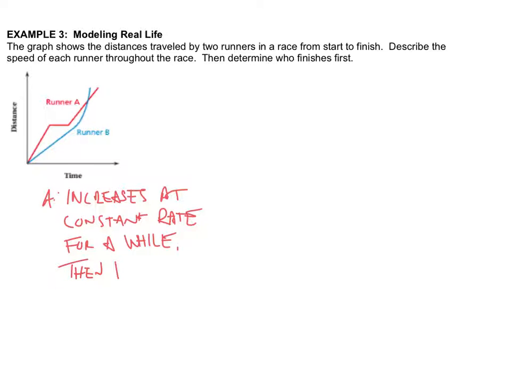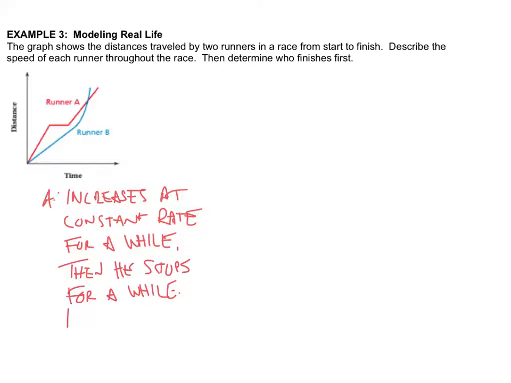Then, I'm putting he, but it could be she, it could be anybody. Then he stops for a while. And again, we don't know how long, but he stopped for a little while because his distance didn't go any further. Okay?